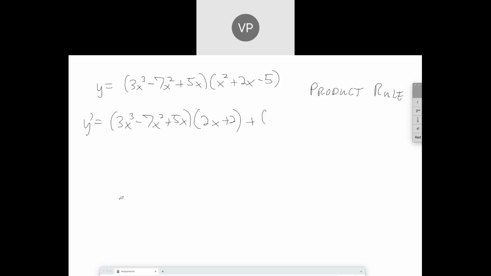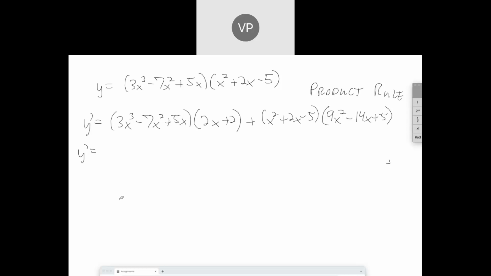Then you take the second parenthesis, leave it as it is, and you multiply it by the derivative of the first. So that's going to be a 9x squared minus 14x plus 5. Okay? Now, the nice part is we have the derivative right here. This is it. It's the derivative. The only thing left is maybe we're going to do a little cleaning up.